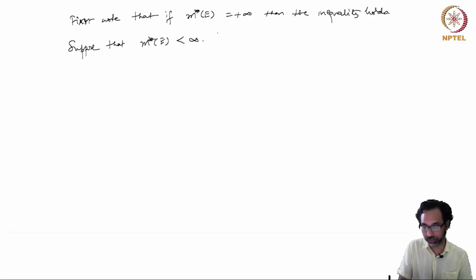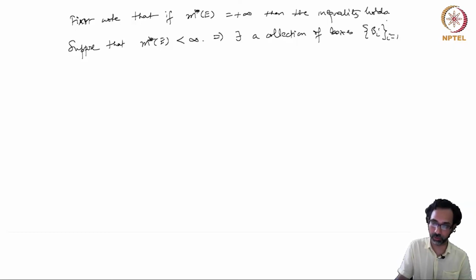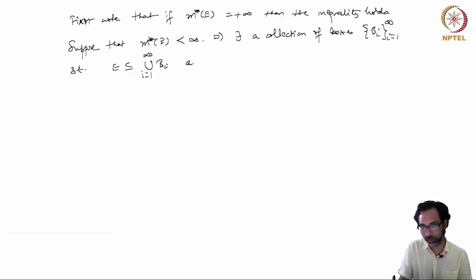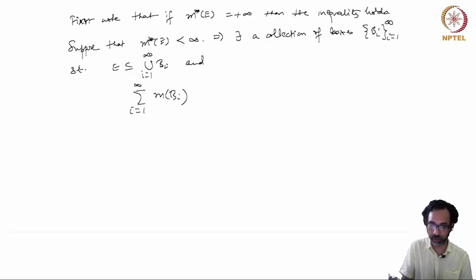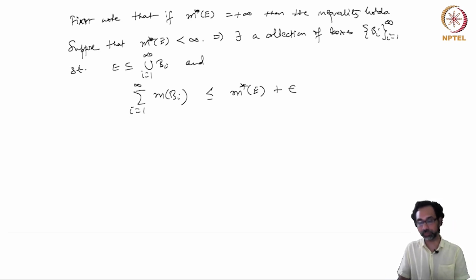In this case, this implies that there exists a collection of boxes B_i, i equal to 1 to infinity, such that E is contained inside this union of the B_i's, and the sum over i equal to 1 to infinity of m(B_i) is less than or equal to m star E plus epsilon. Let me take epsilon by 2 here.